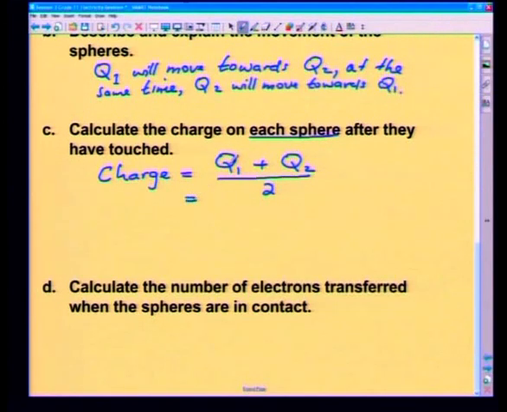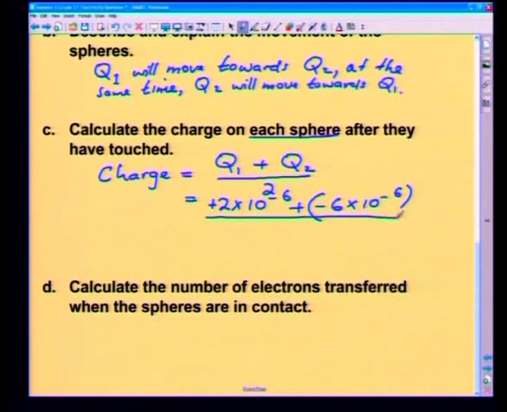Now, what is the charge on 1? The charge on 1 is 2 by 10 to the power minus 6, plus the charge on 2. The plus becomes very important. This is plus 2 by 10 to the power minus 6. This one is minus 6 by 10 to the power minus 6 coulombs. This should be divided by 2. Now, what will be the resulting charge here?